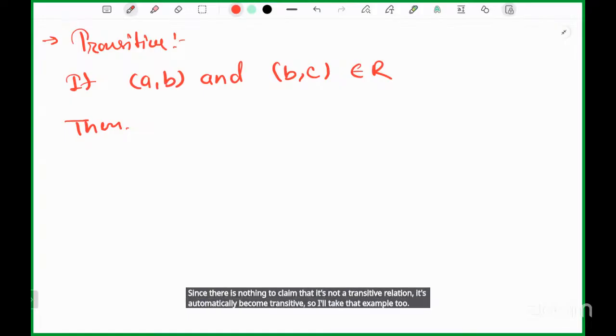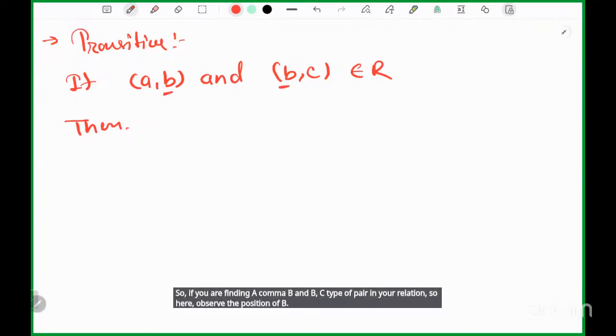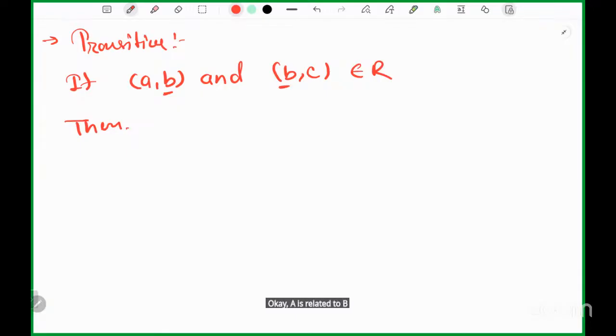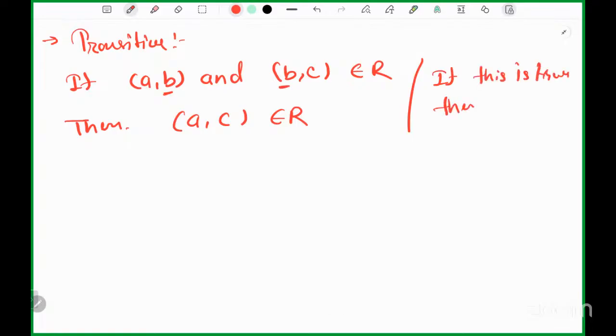If you are finding a comma b and b comma c type of pair in your relation, observe the position of b. a is related to b, that is a comma b is there, and b comma c is there. Then you have to check that a comma c should be there. If this statement is true, then R is transitive.